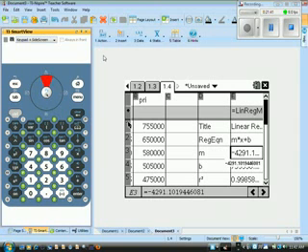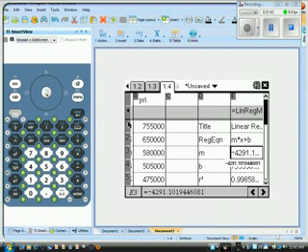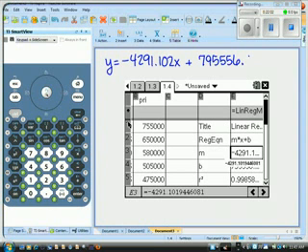Okay, so it's y equals negative 4291.1 something 102 x plus, and my B is covered up. What is it? 7956.865. Okay, so there's our line of best fit.